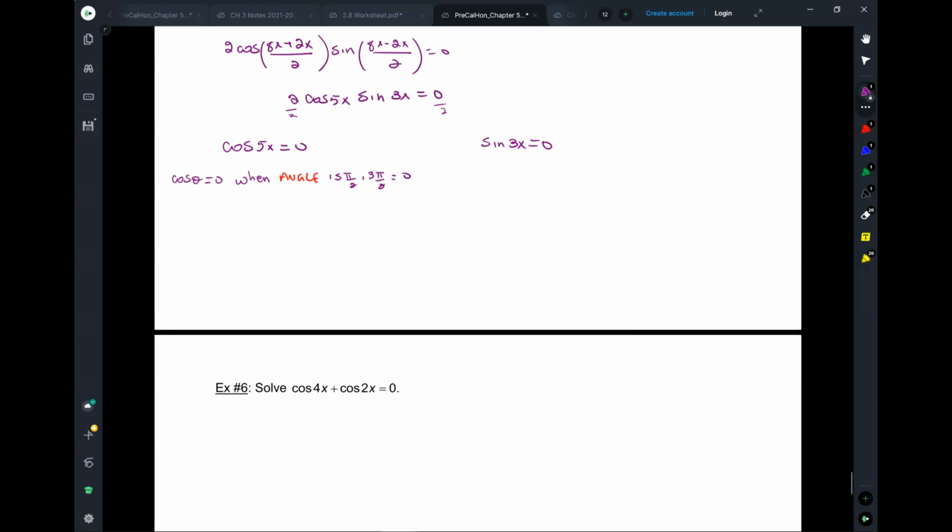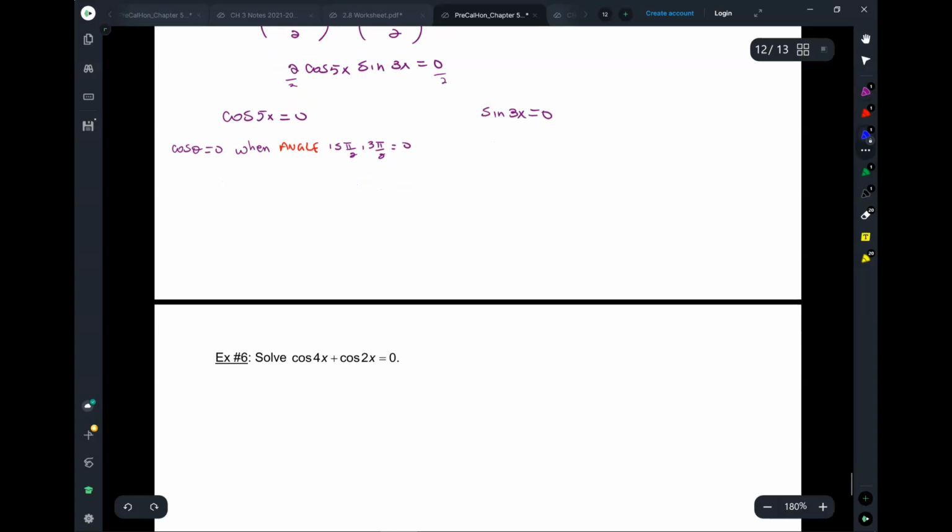In here, what is the angle? Is it x? No, it's 5x. So instead of saying x is equal to pi over 2, 3 pi over 2, and so on, we say 5x is equal to pi over 2, 5x is equal to 3 pi over 2, and so on.